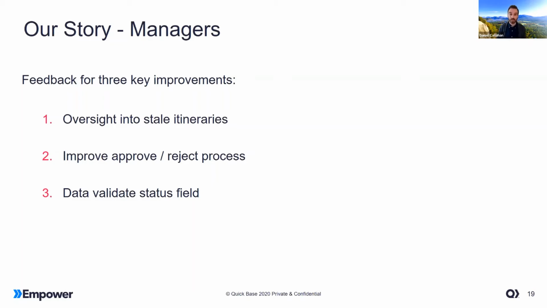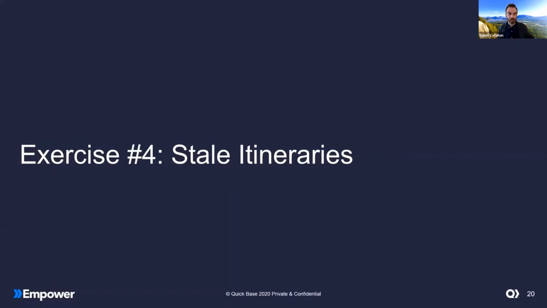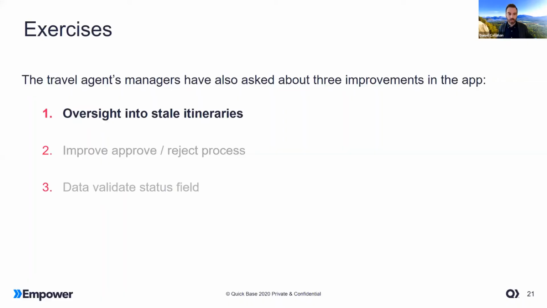So the best we can do, rather than creating a separate table, is to data validate that status field. And so we're going to go ahead and do that by using a newish feature in QuickBase called custom data rules. So let's jump into the first one first, which is the stale itineraries.